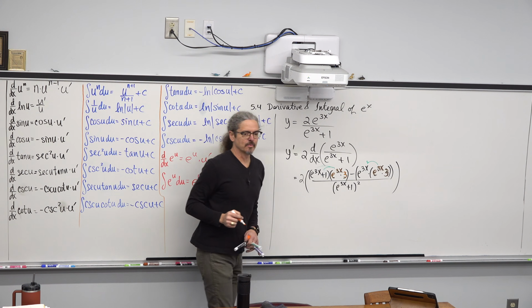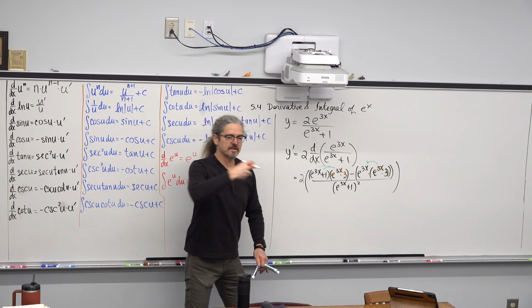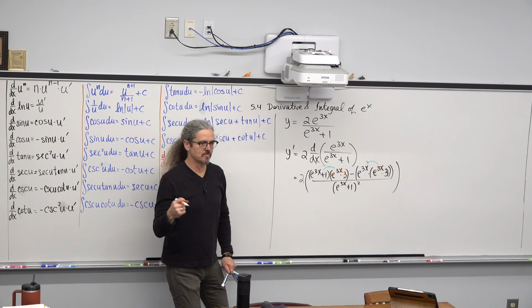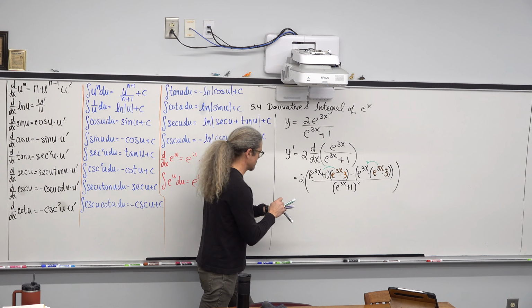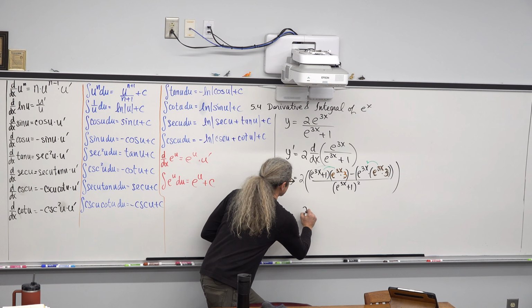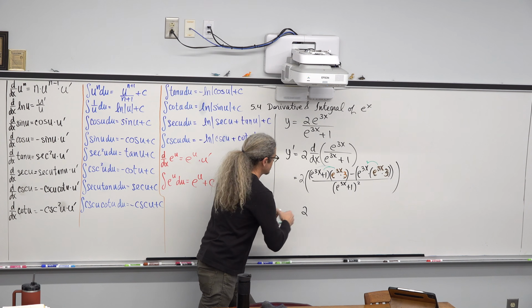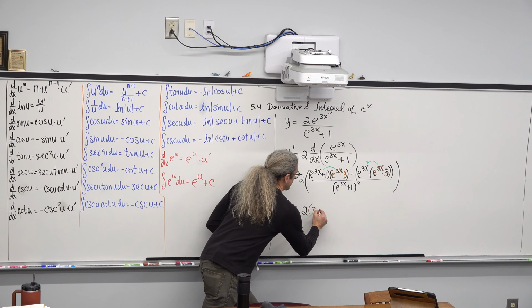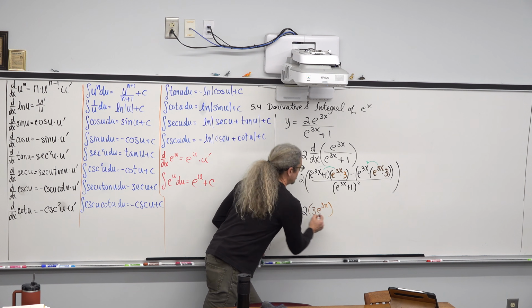I'm going to take that 3e to the 3x and factor it out of those two terms because it will often help you out. So we've got 2 times that 3e to the 3x common factor.